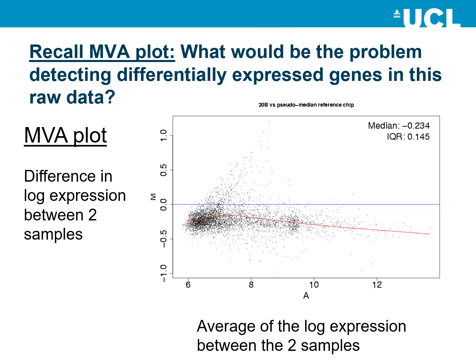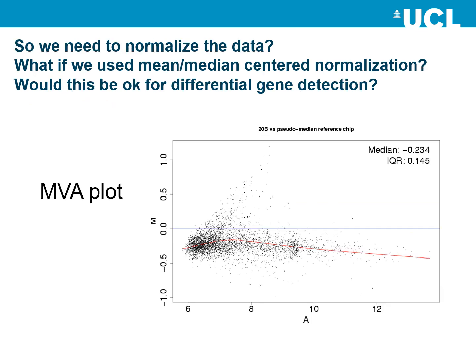It's all an artifact due to systematic bias that hasn't been normalized away. So we need to normalize the data before we do any downstream processing.